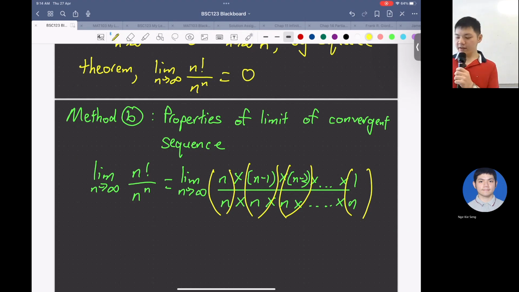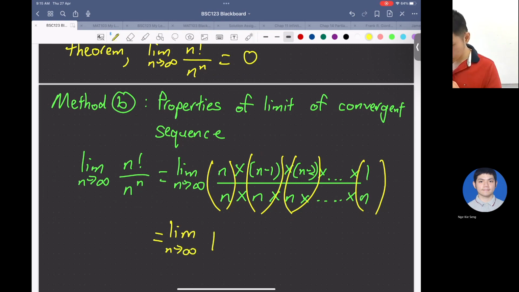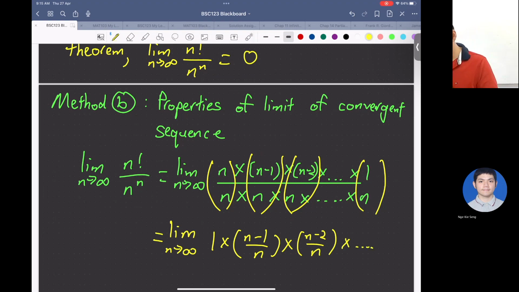If you regard this n brackets as n sequences, you can see that all of them are convergent sequences, right? The first one is easy, you get 1. The next one is maybe a bit harder: n minus 1 over n, then 2 over n, 1 over n. These we know.